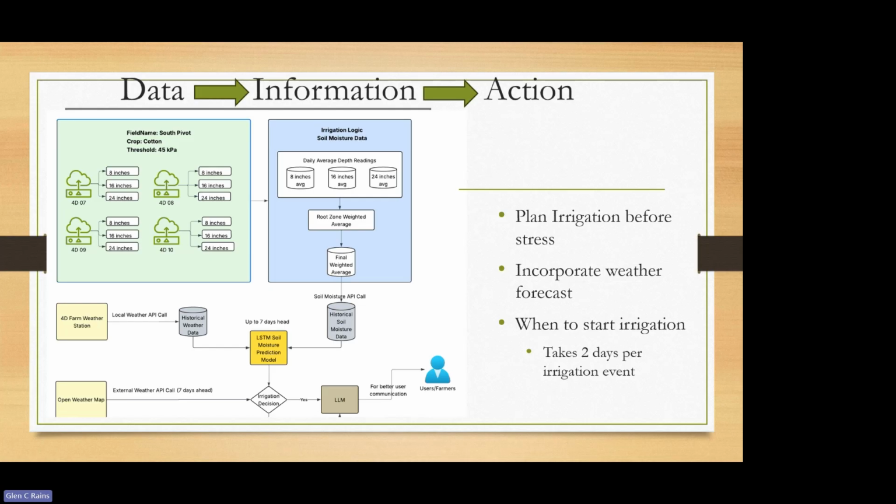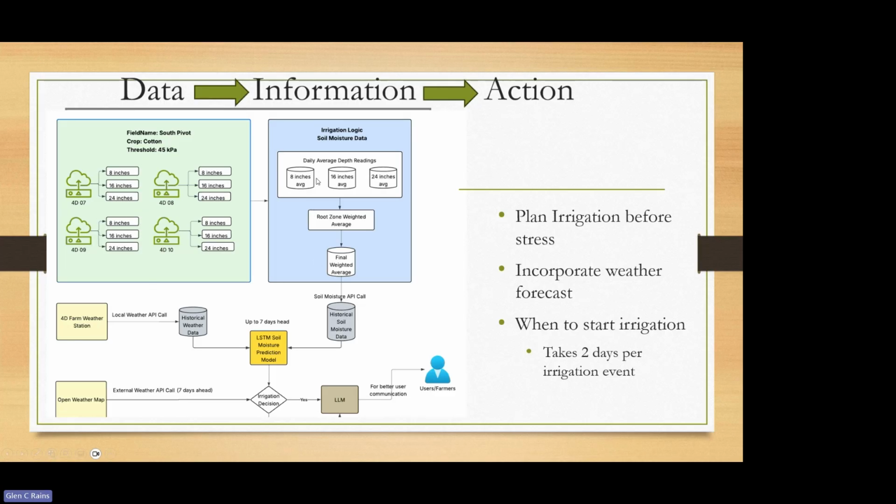It's more accurate than volumetric, which is the amount of water in the soil, because it takes into account whether the soil is sandy or if it has a lot of clay, which makes a big difference in how well the roots can pull water out of each of those. But anyway, we have all this data from each of these sensors at different depths.